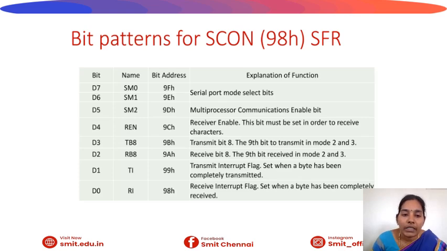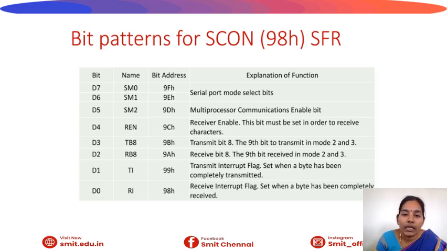It is represented as RB8, and the D1 bit is used for the transmit interrupt flag. When you complete the transmission, you can use this flag. It is named TI, and the D0 bit is used for the receiver interrupt flag. It is set when the reception of the bits is completed. It is named RI.